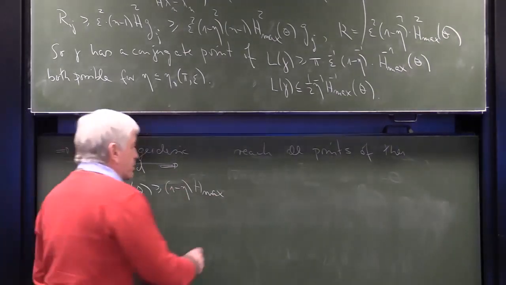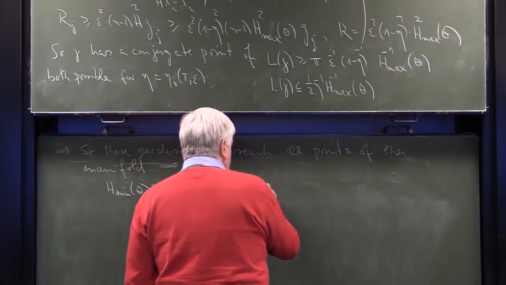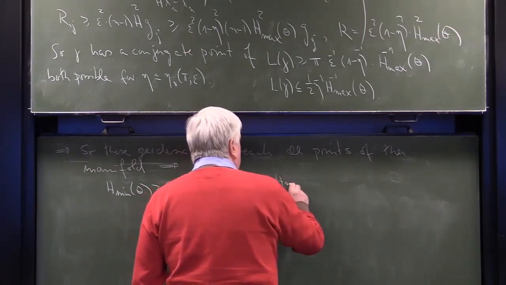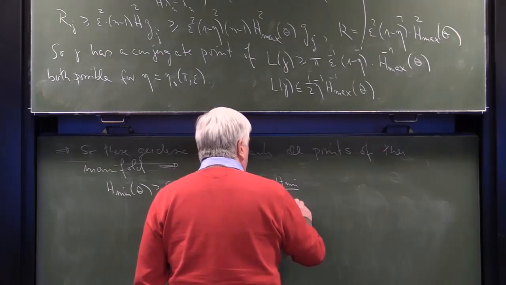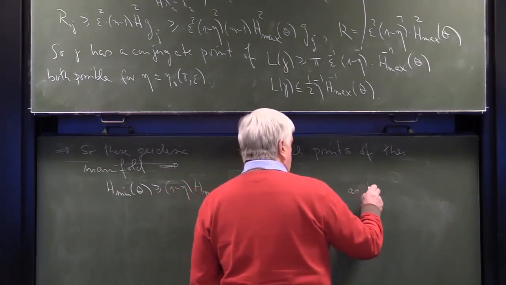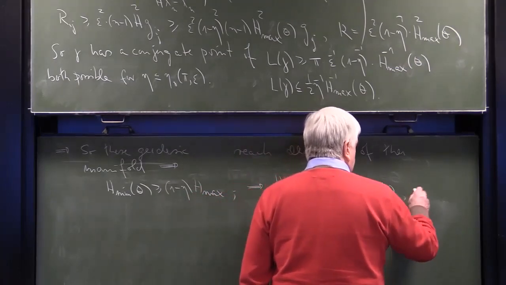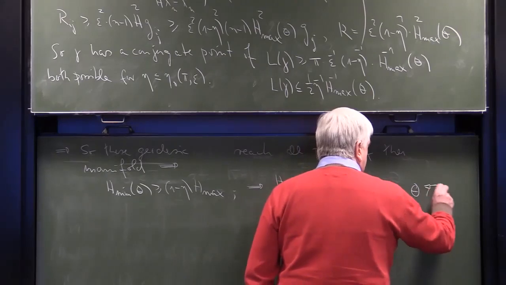And we even get more. This of course implies that the minimum over the maximum tends to 1 as eta tends to 0, which means that theta tends to T max.